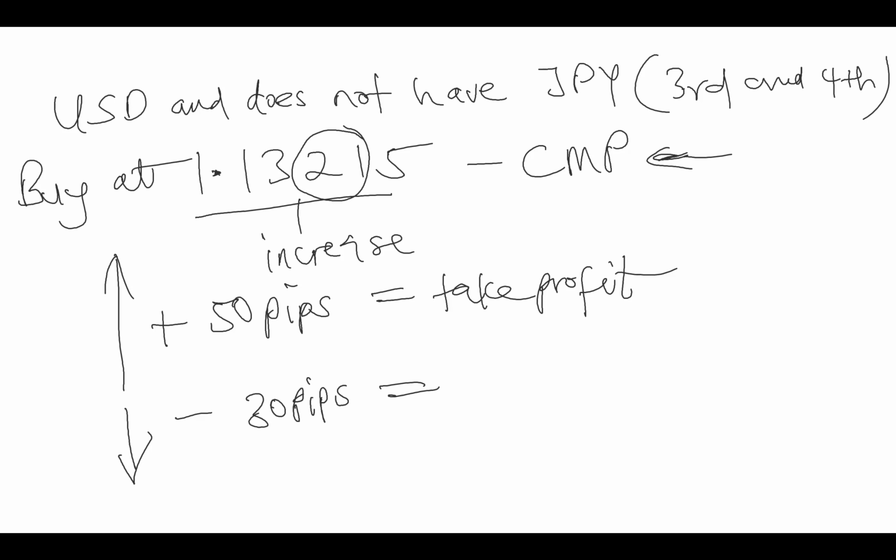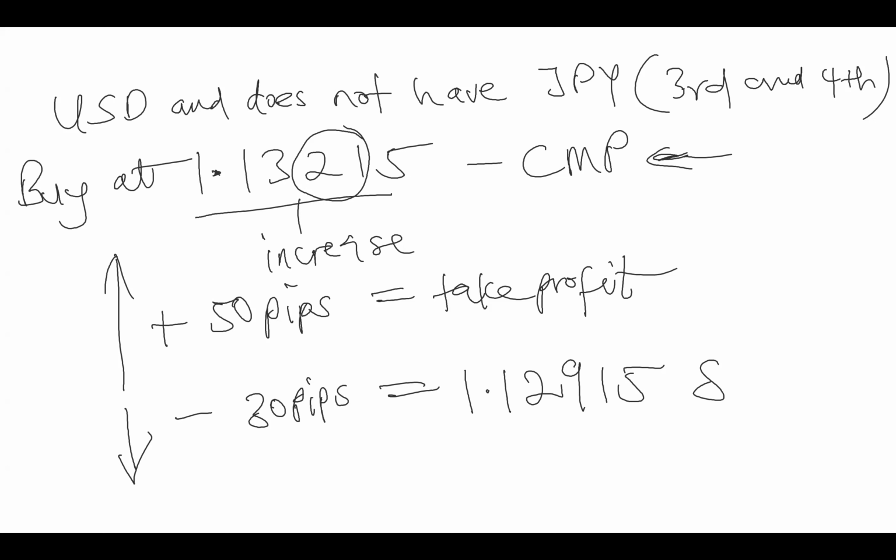Minus 30 from that, 1.1 what? Let me actually punch it so that I'm sure you guys are calculating the right thing. It's actually going to be 1.12915. This is going to be my SL.